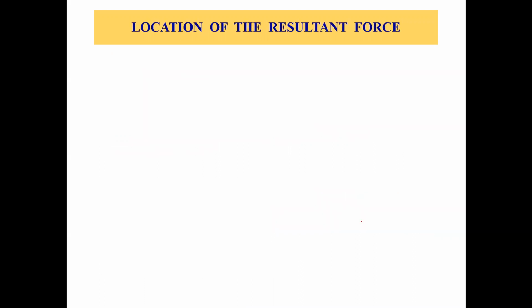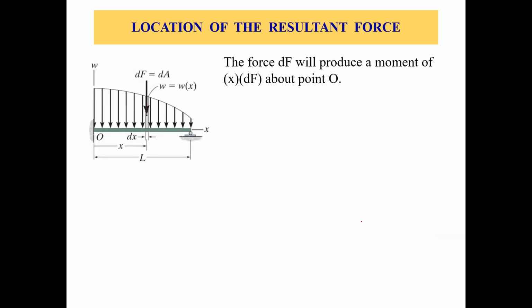Okay, now how do we find the location of the resultant force? Once we have FR, we can find its location. So this is the same figure again. The force dF will produce a moment of x times dF about point O. So we are taking moment at point O, and this small element which has a force of dF will create a moment of x times dF, right?